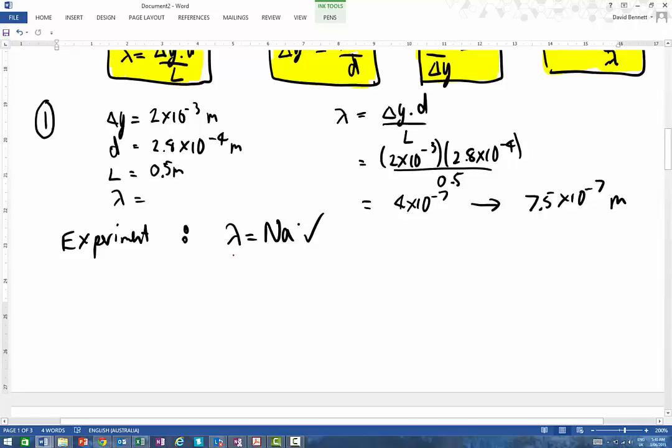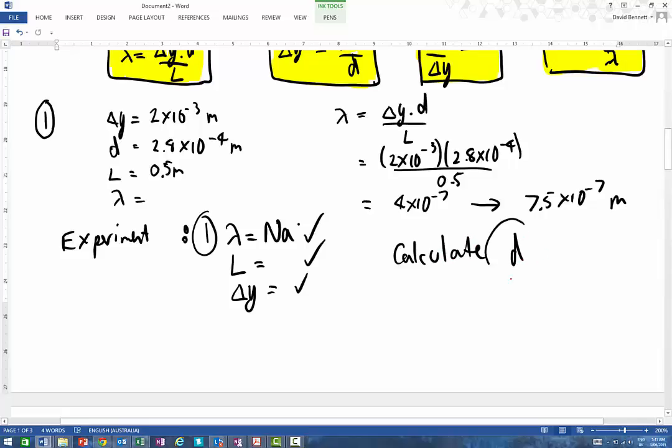We will be able to measure L, and we will be able to measure the bandwidth using our micrometer. So we will know all of those things. What it's going to allow us, for the first part of the experiment, is to calculate D. That's the thing that we're trying to do in the first part of the experiment.